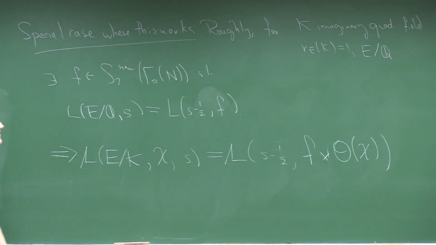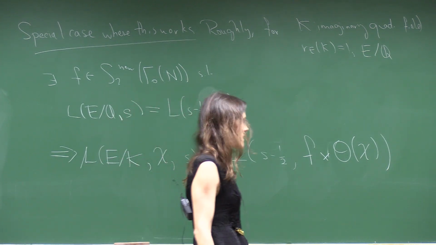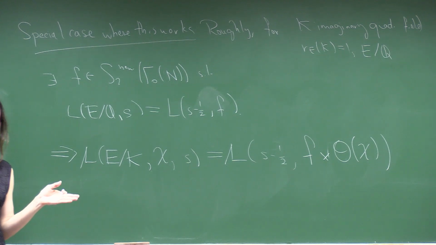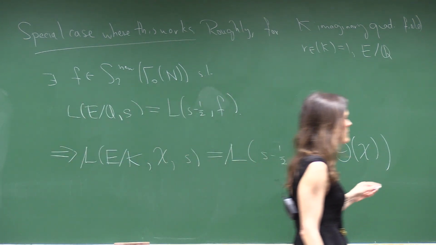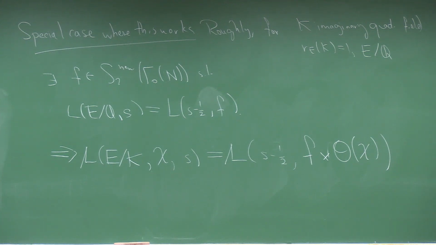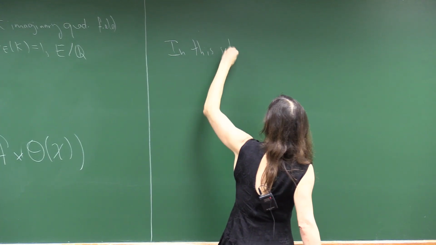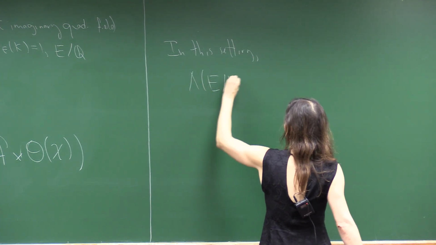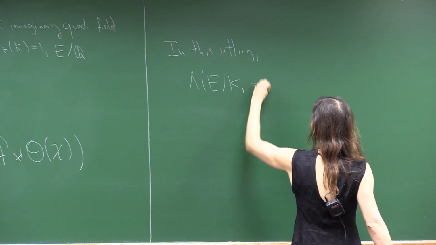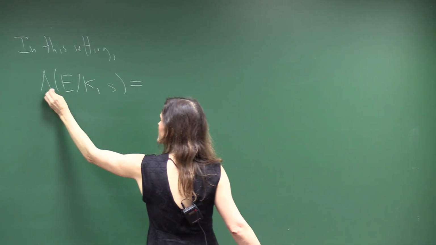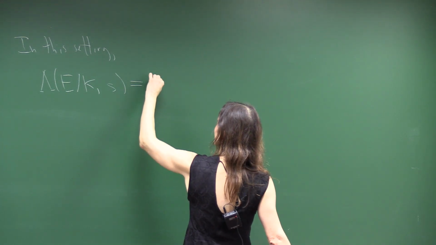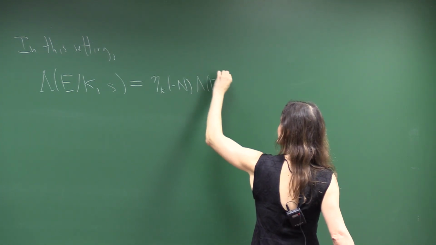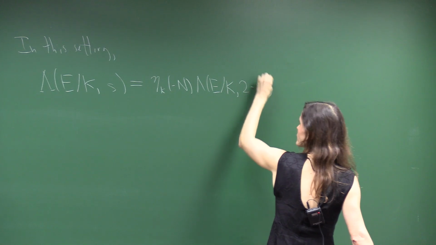So these are going to be completed L functions. The Euler product will be over all of the primes, and these are entire functions. Even if you take the character to be trivial, these are entire functions. And what we know in this setting is that, via the connection to the Rankin-Selberg L function, the completed Hasse-Weil function, let me just take the trivial character, will have a functional equation of this form.